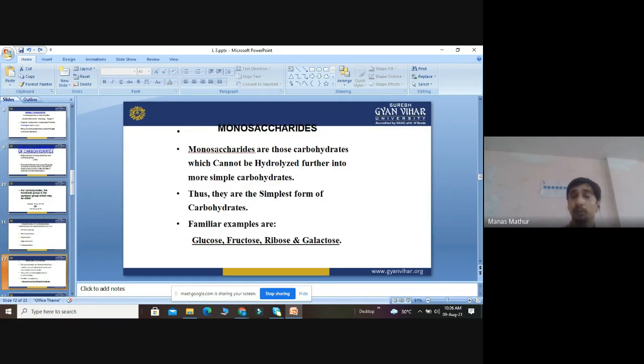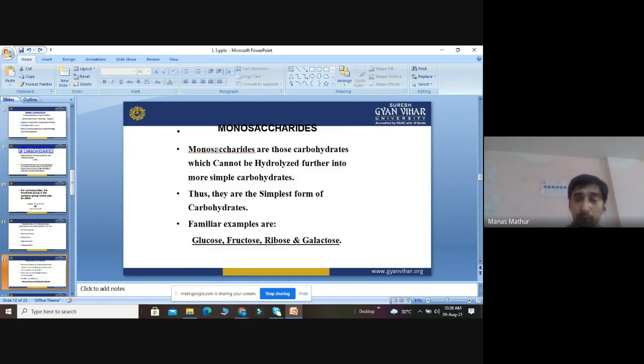So the first group name is what? Monosaccharides. As I told you, monosaccharides are those carbohydrates which cannot be hydrolyzed further into simpler carbohydrates, because they are the simplest repeating units, having only one chain of repeating carbon.